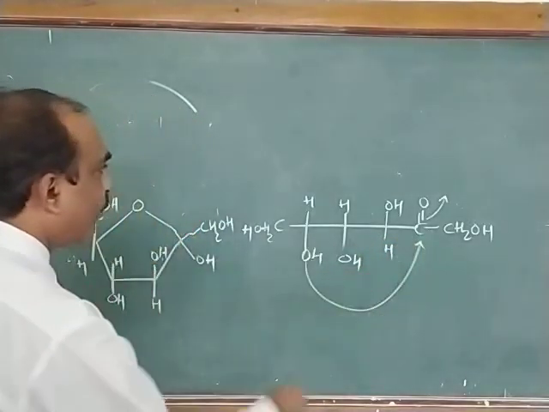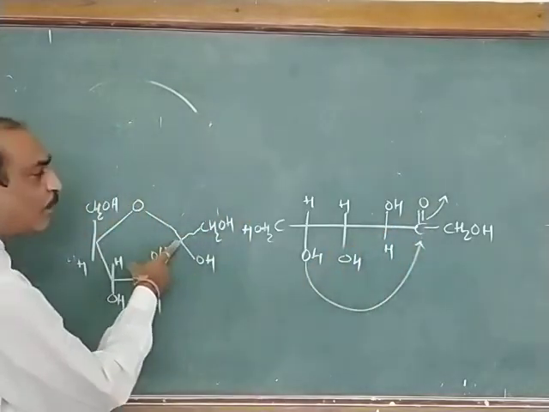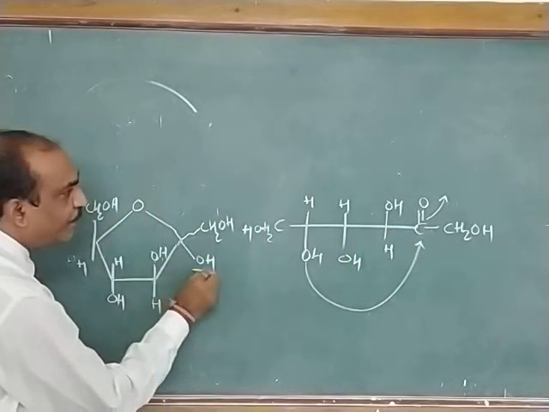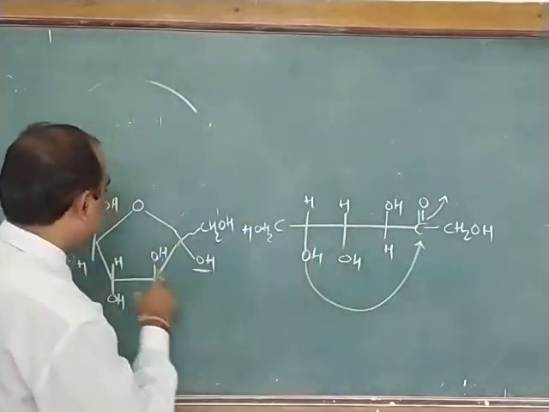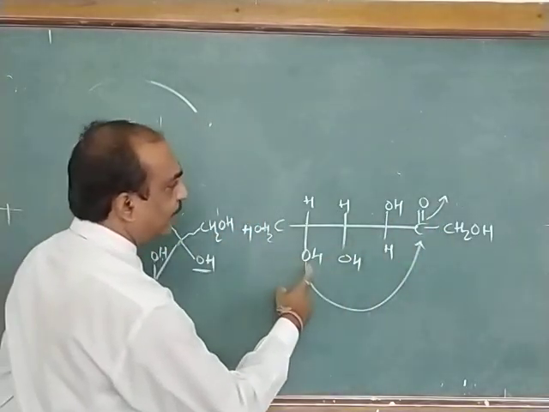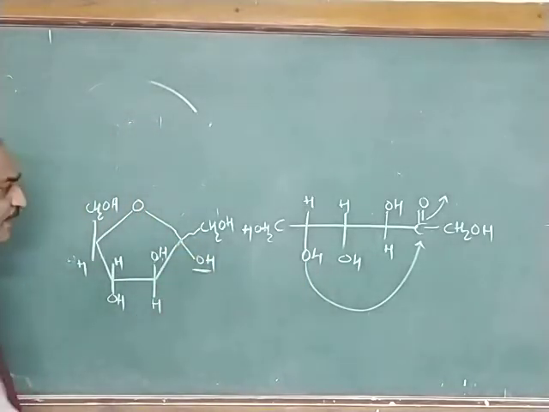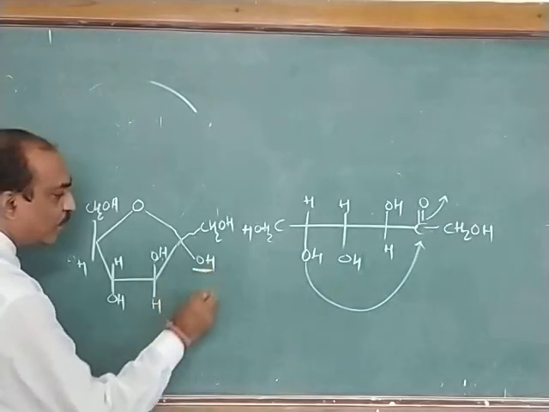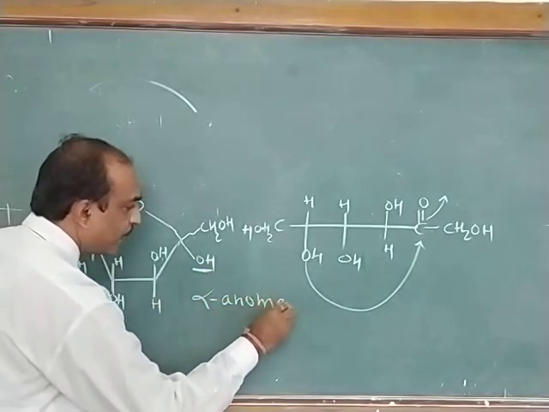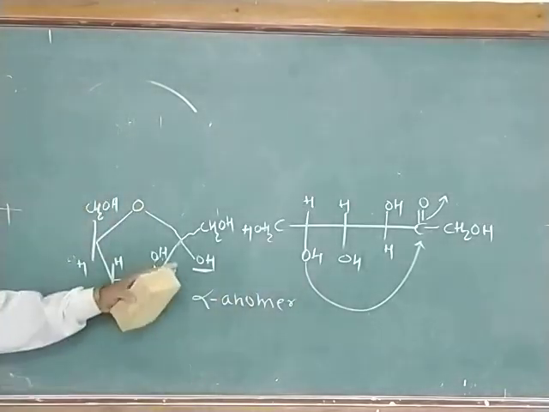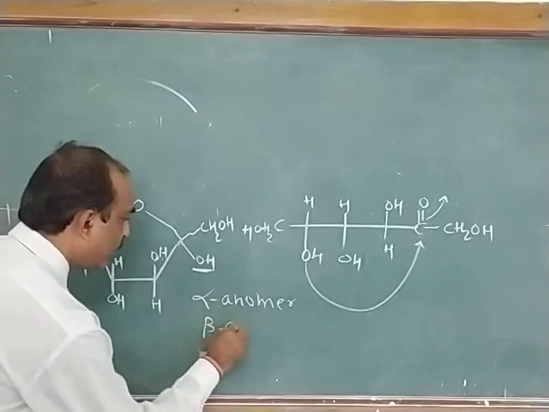So when this hydroxy attacks this carbonyl, whether it goes that side or this side is decided by this OH attack. If this OH comes to the lower side, then it is an alpha anomer. If this OH goes up, that is called a beta anomer.